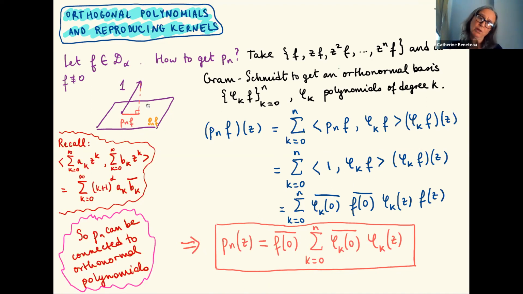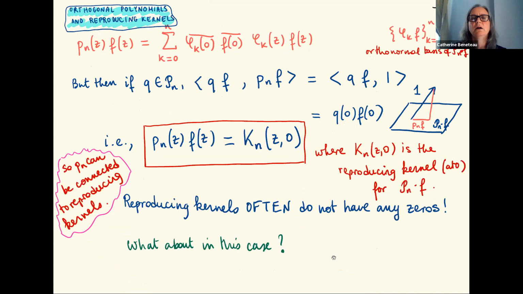Now they're orthonormal polynomials in a kind of weighted sense because they're orthonormal against f, right? So in the space, curly Pn times f. All right, so here's this formula for Pn. So I've kind of reproduced the formula for Pn times f, where these p k f's are this orthonormal basis.